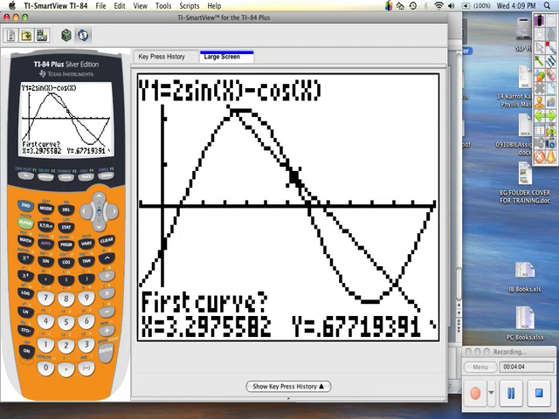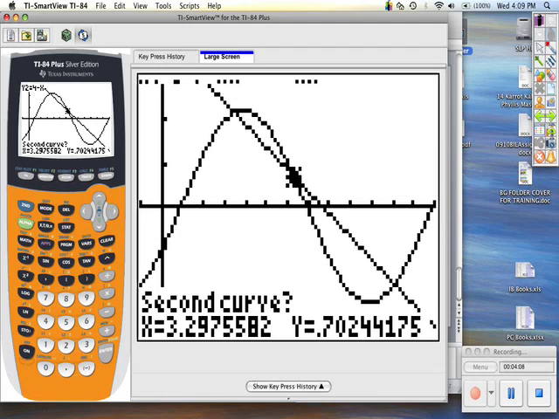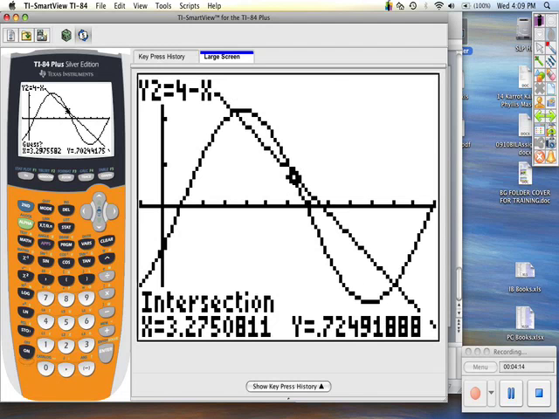I move my cursor near to where that intersection point is and I push enter. So my intersection point to 3 sig figs would be 3.28. I could find this first one, the leftmost intersection point, by moving my guess closer to that point. And I would just need to do this 3 times to find my 3 solutions for x.